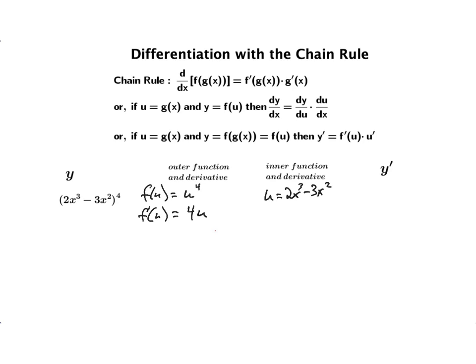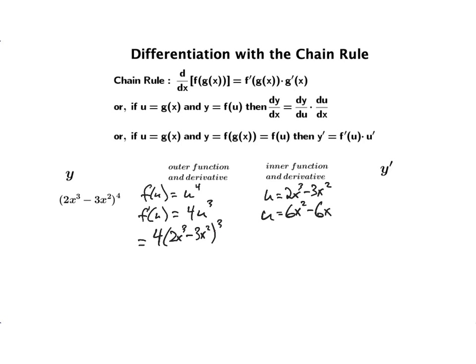That's 4u to the 3rd, and then we'll substitute g of x back into u, so that's going to become 4 times (2x to the 3rd minus 3x squared) to the 3rd power. And u prime is going to be 6x squared minus 6x.